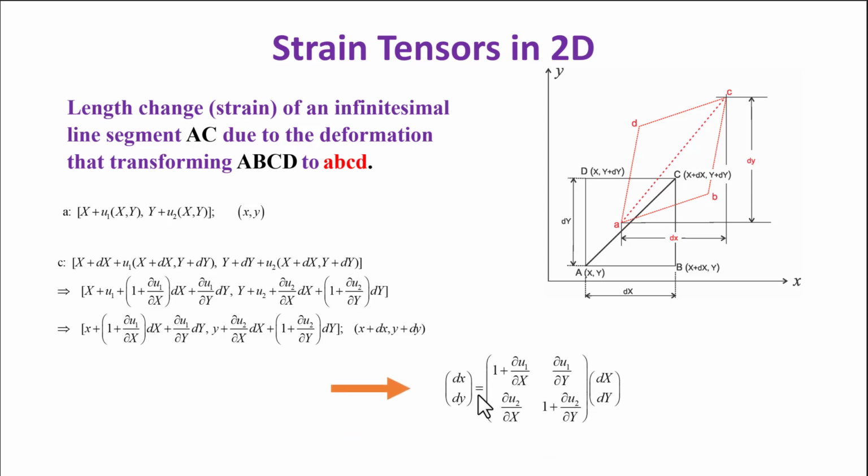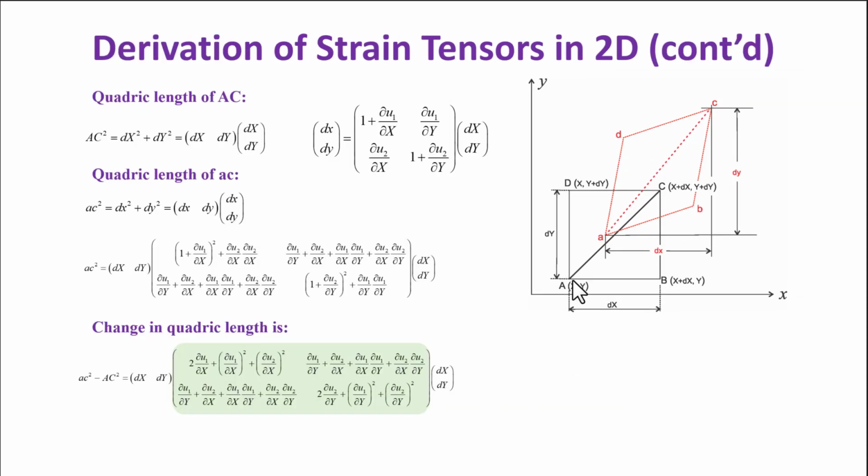Now these two give a relationship between the initial line segment dX, dY and the final line segment dx, dy. The relationship is expressed here. Now the quadratic length of AC squared, using the Pythagorean theorem, is dx squared plus dy squared, which can be expressed in this relationship.